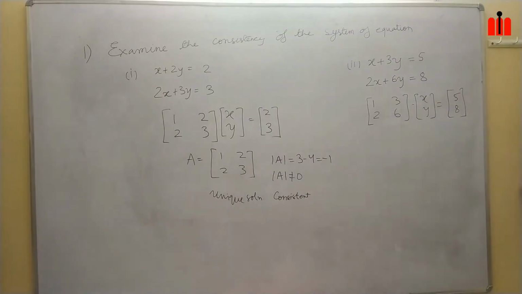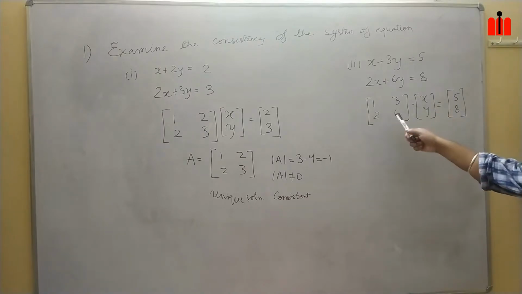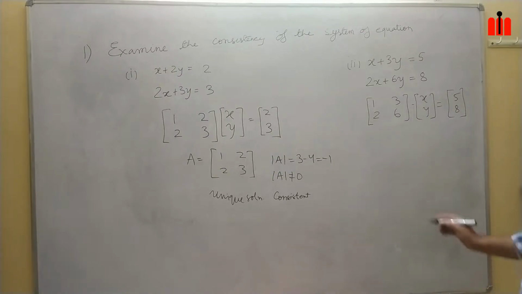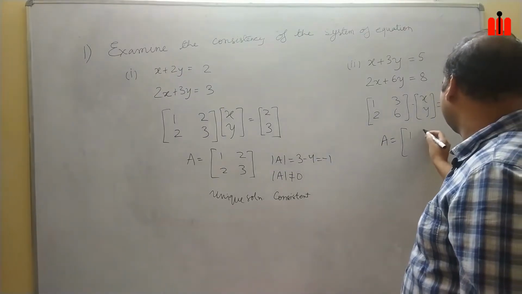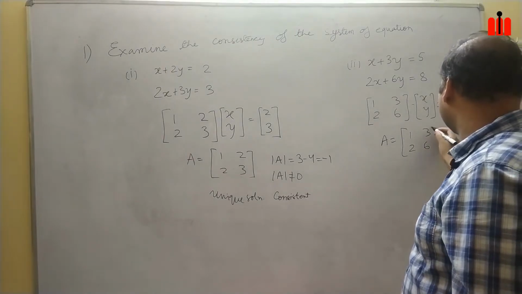In matrix method, this will be the equation: x plus 3y equal to 5, 2x plus 6y equal to 8. What is my A matrix over here? It is [1, 3; 2, 6].